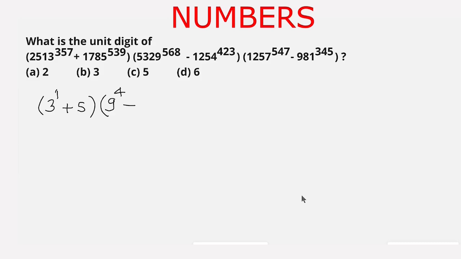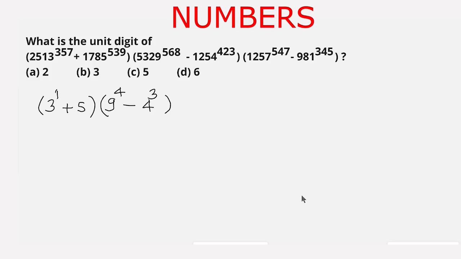1254 has ones place digit 4 and the power is 423. We divide the last two digits by 4. So 23 divided by 4: 5 times 4 is 20, and 23 minus 20 is 3.